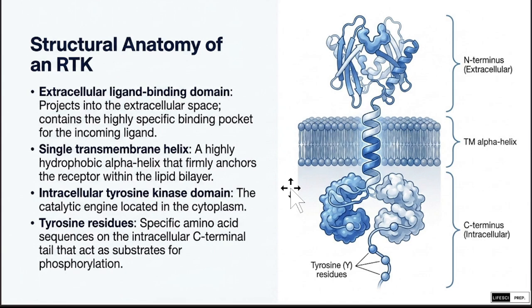The transmembrane alpha helix structure has a single transmembrane helix that anchors the receptor in the lipid bilayer, and the intracellular domain has a tyrosine kinase domain, the catalytic engine, which will be activated by transphosphorylation. The tyrosine residues present in the C terminal are transphosphorylated, leading to further activation of different secondary messengers.